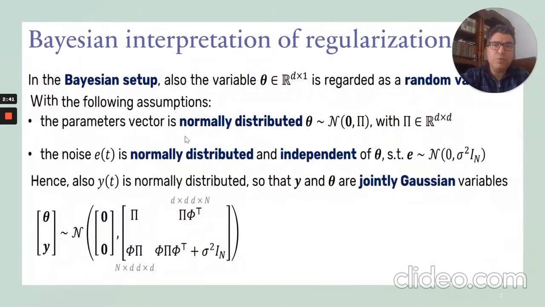Now if we treat theta from this linear regression as a random variable, say Gaussian with mean 0 and covariance pi, we put in some prior information. Then the joint distribution of theta and y is this, and this is the covariance matrix for y, because y comes from the linear equation, a combination of linear Gaussians, so it should be Gaussian.